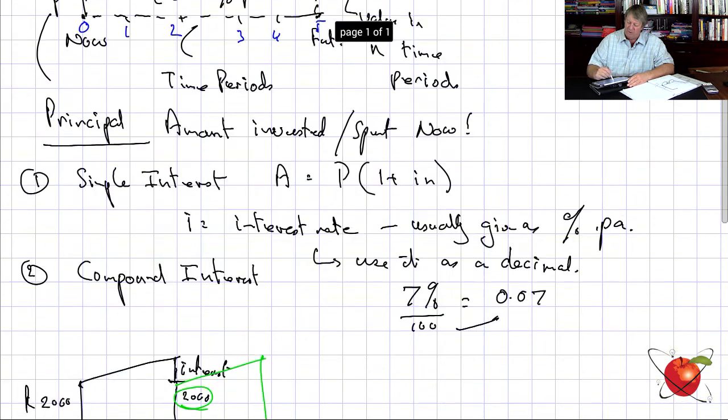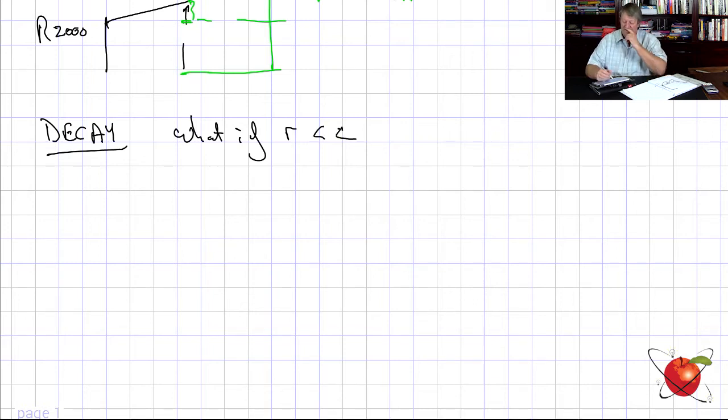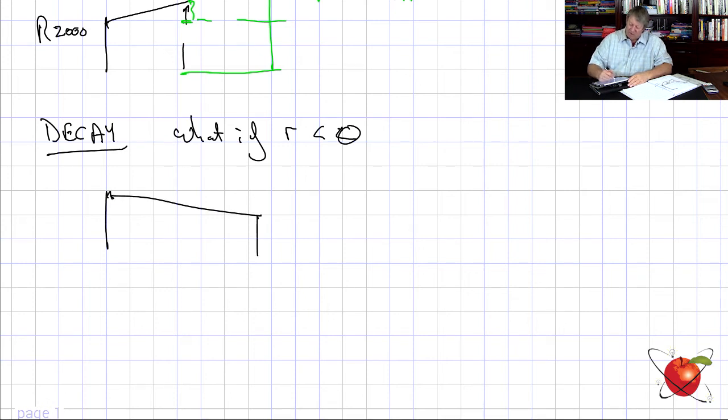What if R is less than, if R is negative, okay? If R is negative, what do we mean by that? Well, it means that effectively we start there and the value decreases over the period of time. Those of you who do accountancy know that that's called depreciation, right?